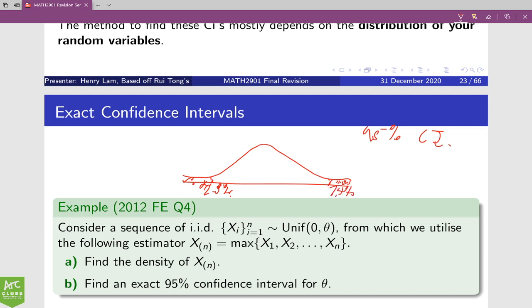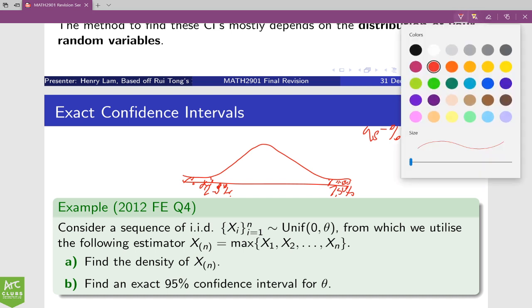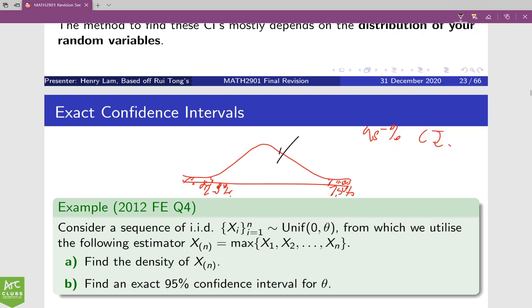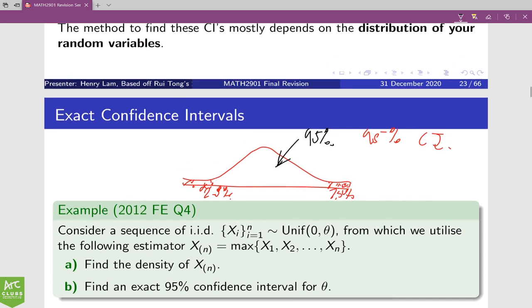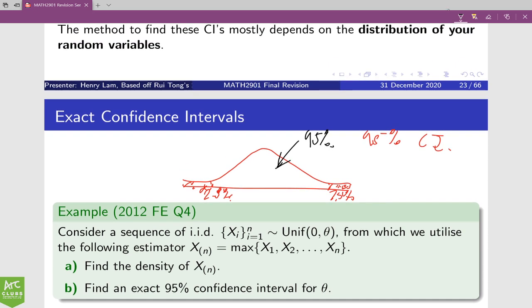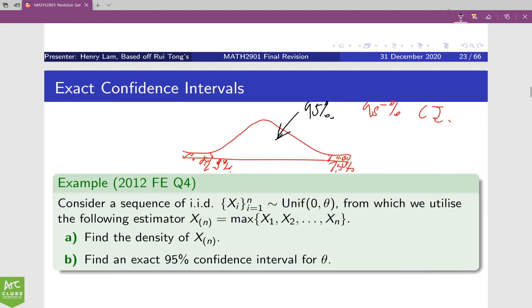And overall, this whole region in the middle is 95%. You can clearly see that if I were to shift the left and right side, so long as it adds up to 5%, it's still a confidence interval. So there's a lot of possible confidence intervals. It's just that the easiest one is usually one-sided or even split. So that's why you usually see those.